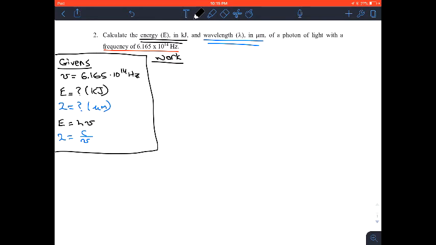We're going to start with our energy. In this case, equals h nu. h is Planck's constant, 6.626 times 10 to the negative 34th joules times seconds. Times that by our frequency, which in this case is 6.165 times 10 to the 14th hertz.